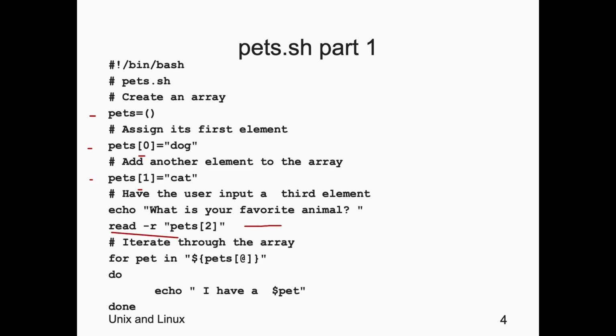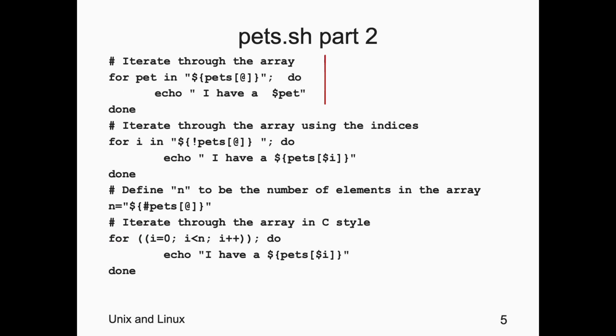Now finally, we're going to loop through the array, and there are a few ways to do this. So in this example here, we can iterate by element. For pet in all of the elements, we can get the value of the pet directly. So again, that's that first example here. We can also iterate through the array by index. So this gives you the index numbers, which you can use to look up the value.